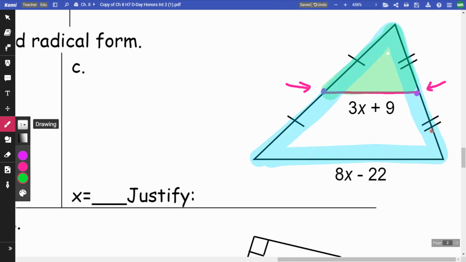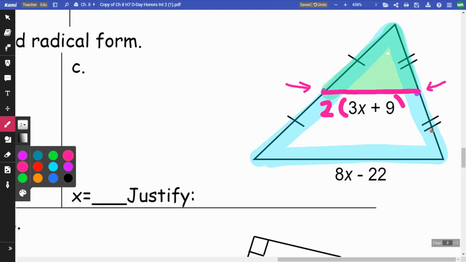So what that means is the base right here, this base here, if I was to double that base, I am going to get this base because they're proportional.